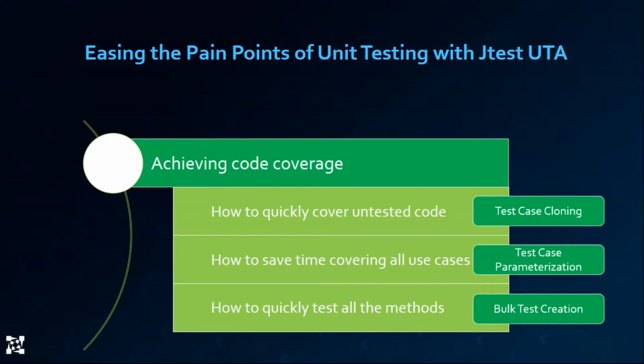And then the other part of addressing that first step is with bulk test creation. So trying to catch up with a legacy code base, or if I'm developing a number of classes in concert together, maybe I've not been creating the tests as I've been going, but I want to catch up and get a jump start.